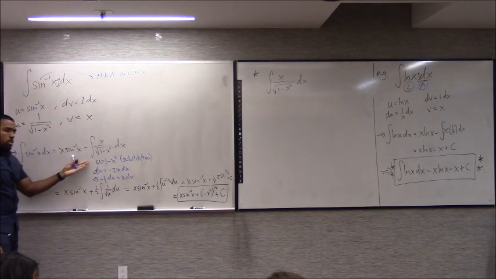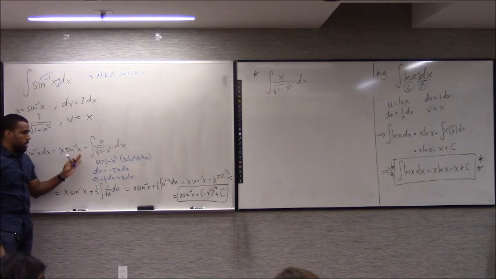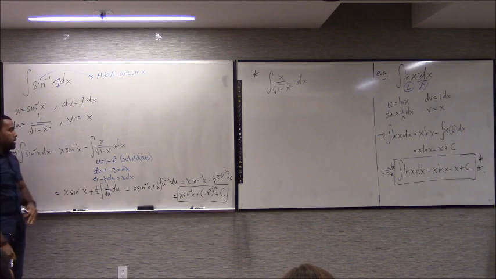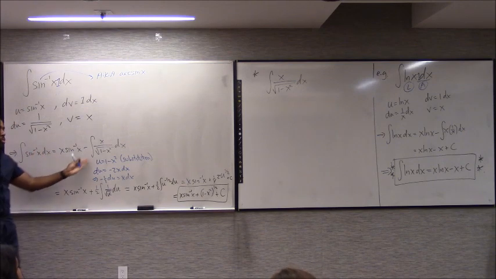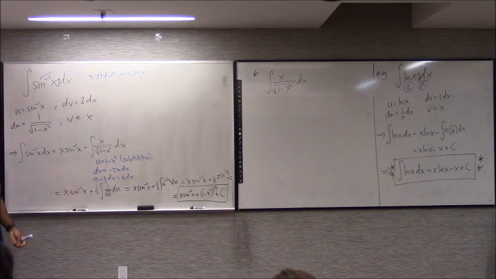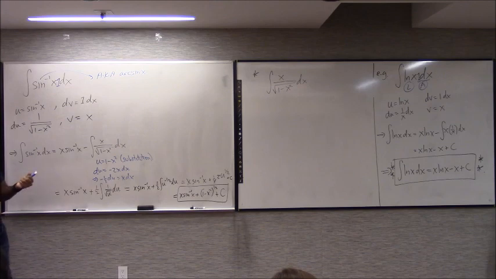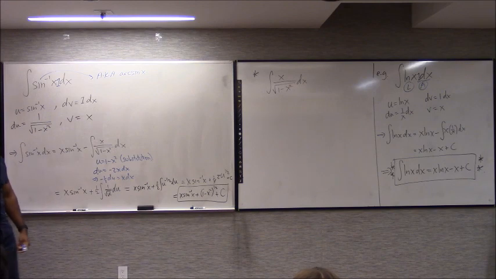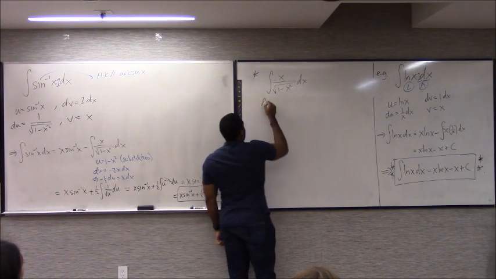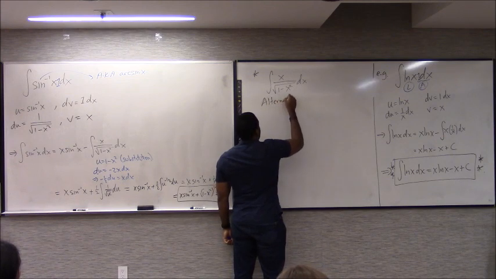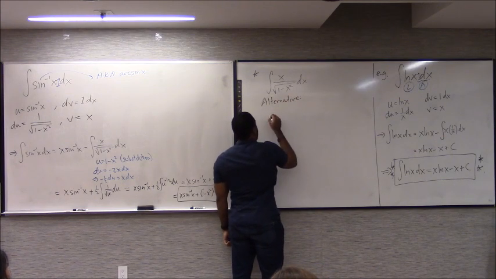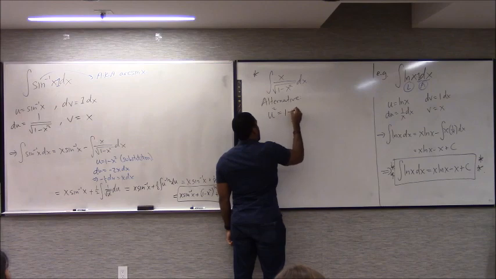We also think of substitution in a very narrow way, in the sense that we're always substituting u equals something. In Calc 2, we're going to be doing other kinds of substitution. But even your regular substitution from Calc 1, you do have the option of thinking of that in slightly different ways. So, for example, instead of doing u equals 1 minus x squared, I could do u squared equals 1 minus x squared.